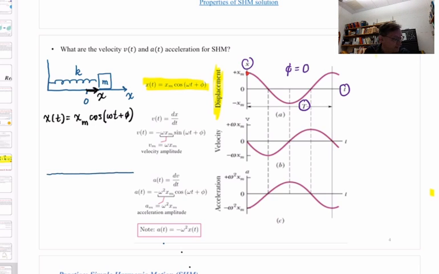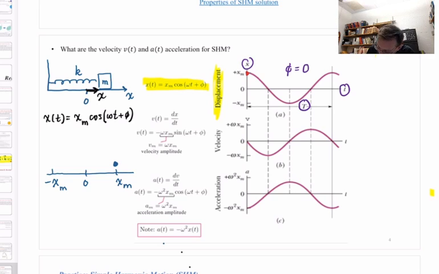The x-axis, equilibrium in the middle, plus x max is to the right, minus x max is symmetric to the left. And here, I'll just draw it with a dot, but that represents the block's location. That's where it is at time 0.